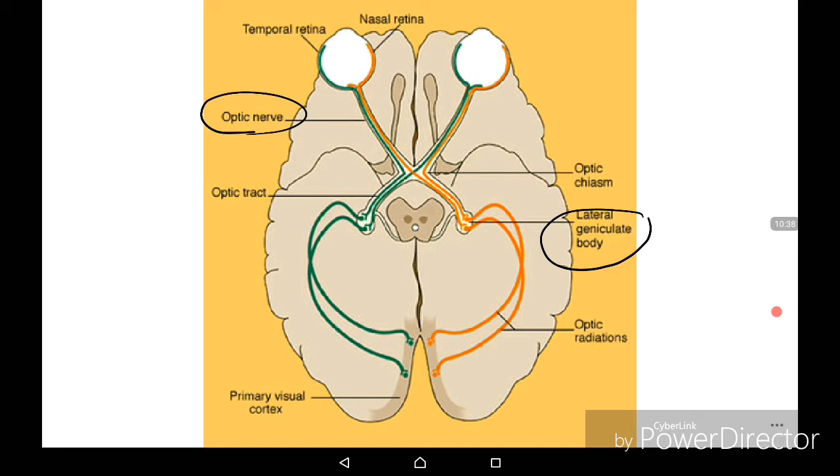This is the subcortical center of vision, and from here the axons of the thalamic neurons in the thalamocortical tract, in the optic radiations, reach the primary visual cortex, the 17th field in the occipital brain cortex, where the image in our brain is developed.